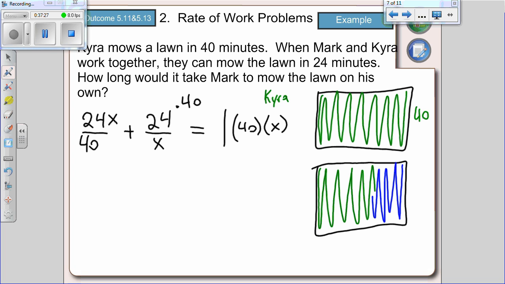So I'm stuck with 24x plus 960 is equal to 40x. I'm going to subtract 24x, so I get 960 is equal to 16x. And what's x equal to? 60. Yeah.